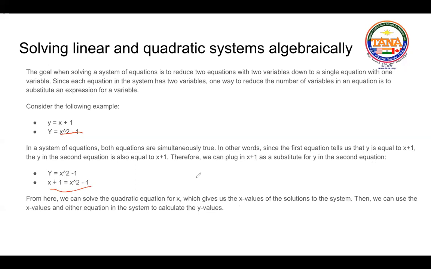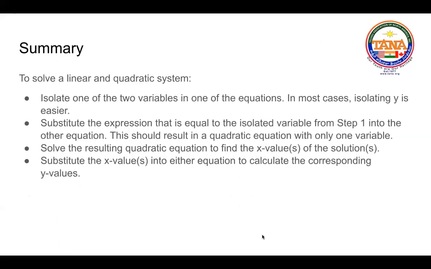From here, you just solve the equation for x, and this gives us the x values of the solutions to the system. Then we can use the x values in either of the equations, x plus 1 or x squared minus 1, to calculate the y value. To summarize, to solve a linear and quadratic system, first isolate one of the two variables in one of the equations. In most cases, isolating y is easier because the problem is given in a way that makes it easy to manipulate the equation.